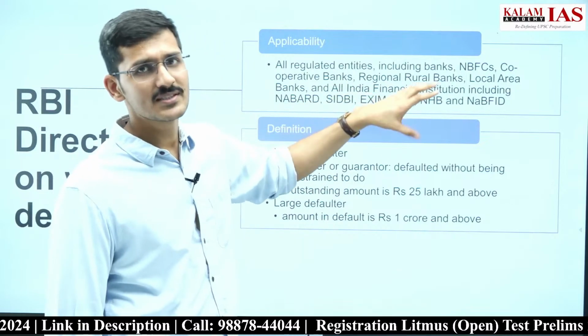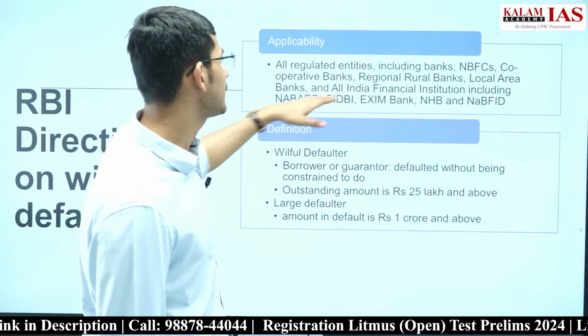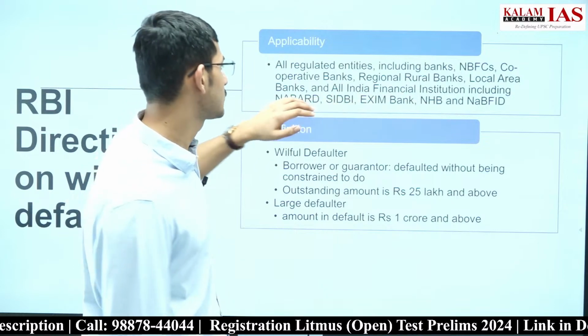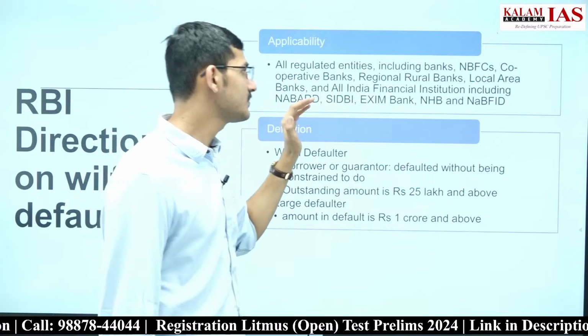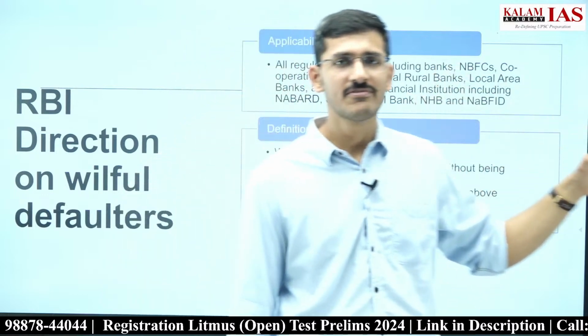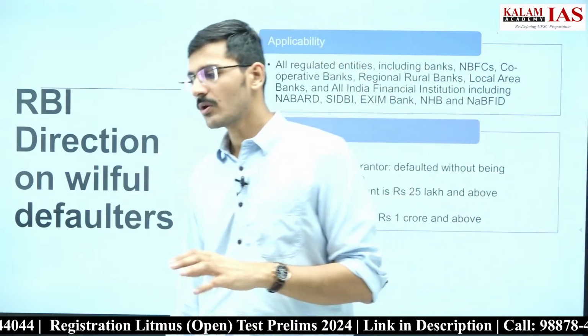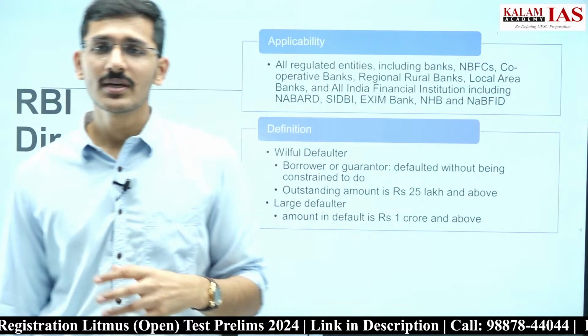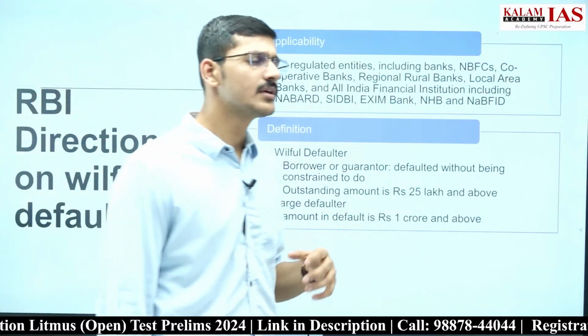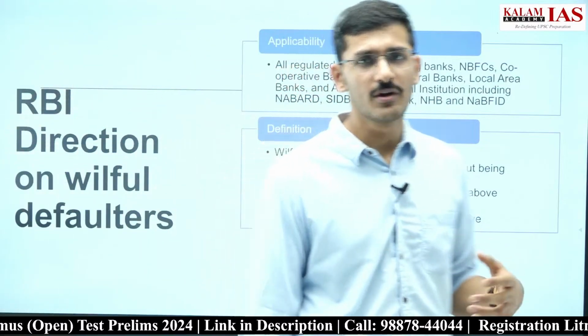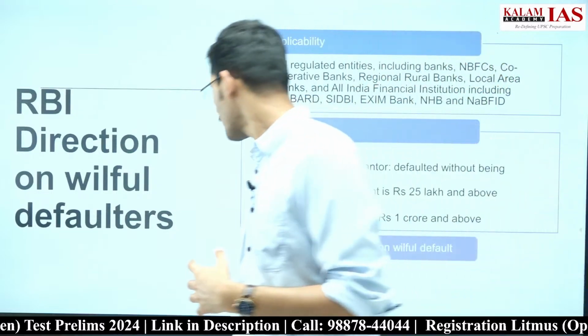So regional rural banks have dual regulation. Then there are local area banks, all India financial institutions, including NABARD, SIDBI, Exim Bank, National Housing Bank, NABFID. So almost all the financial organizations come under the criteria. The RBI's directive on willful defaulters is applicable to all these organizations.